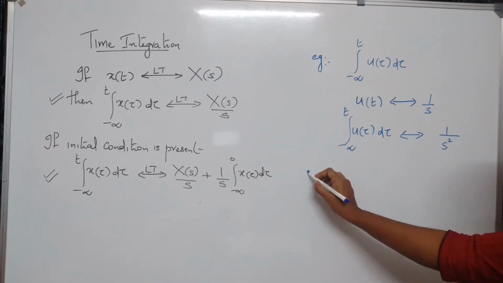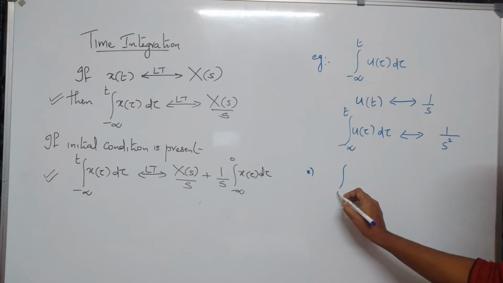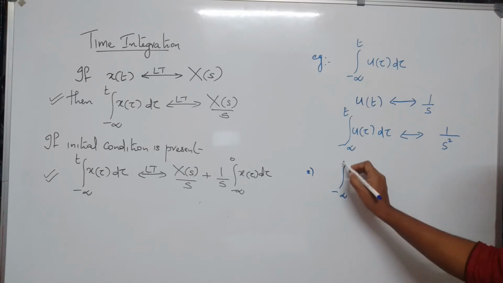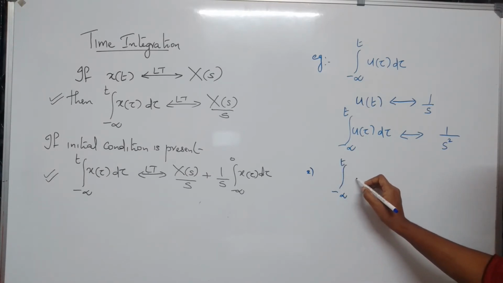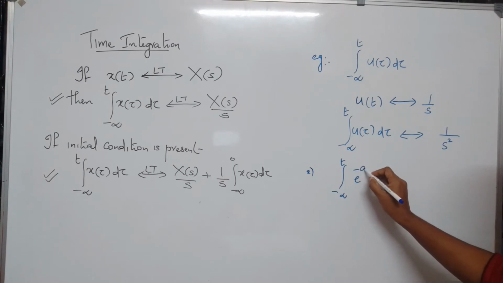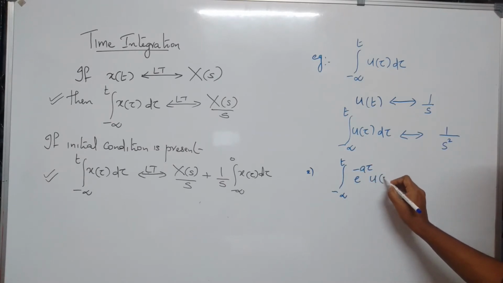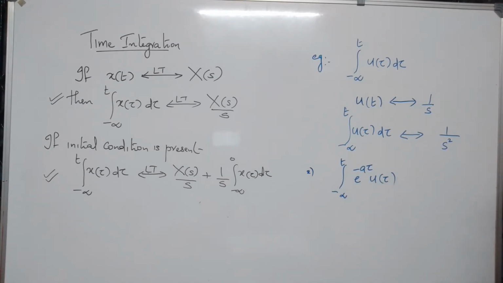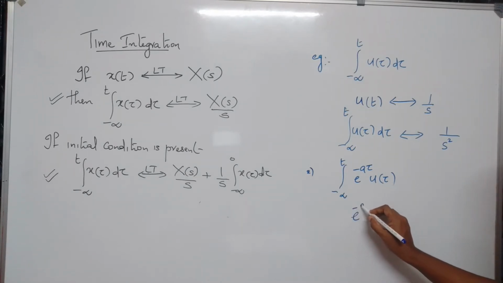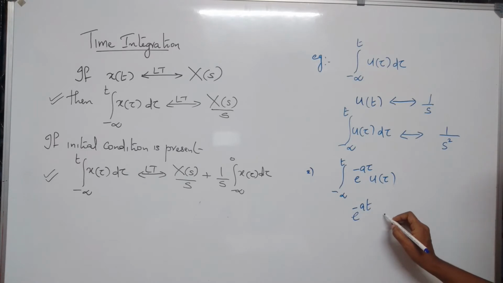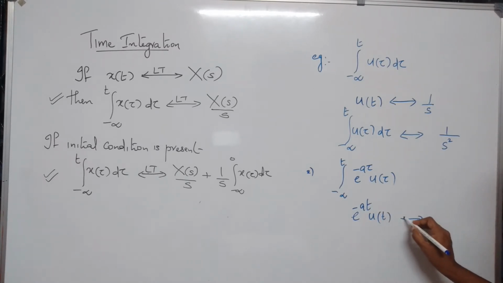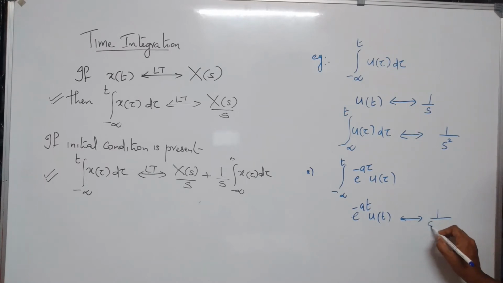Another example, integral from minus infinity to t of e raised to minus a tau u of tau d tau. Again, we can write Laplace transform of e raised to minus a t u of t is the standard result. It is 1 by s plus a.